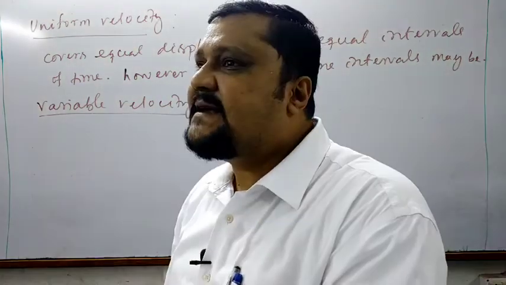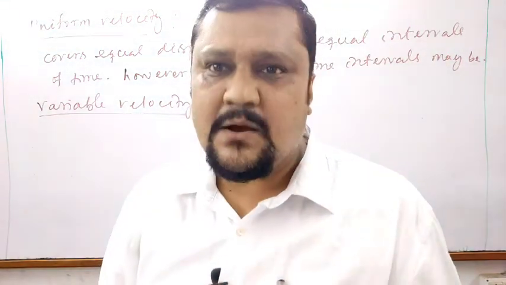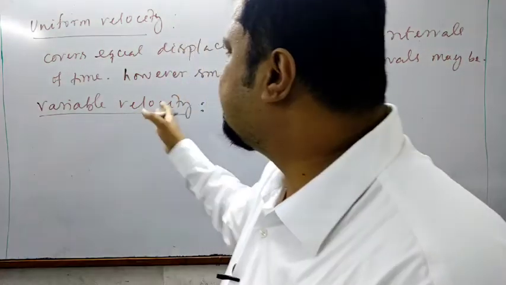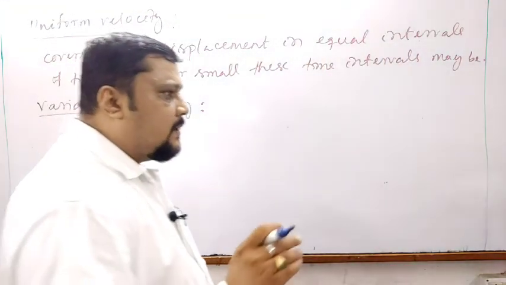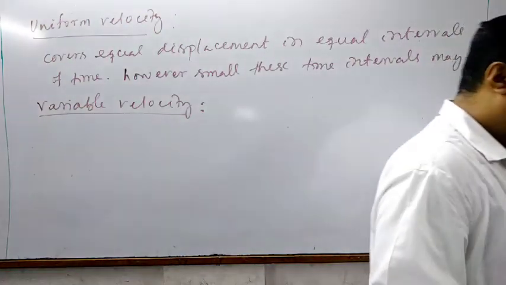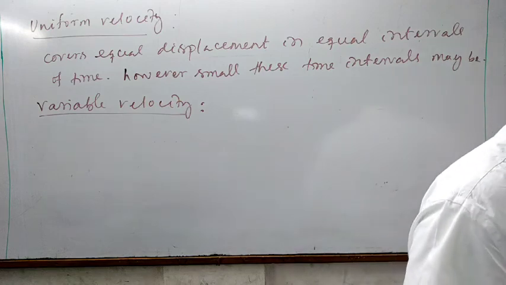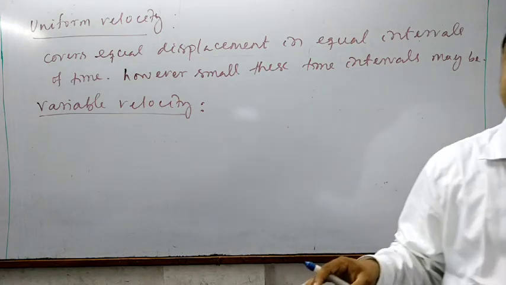So either the speed, meaning the magnitude, changes or the direction changes, then that is called variable velocity.